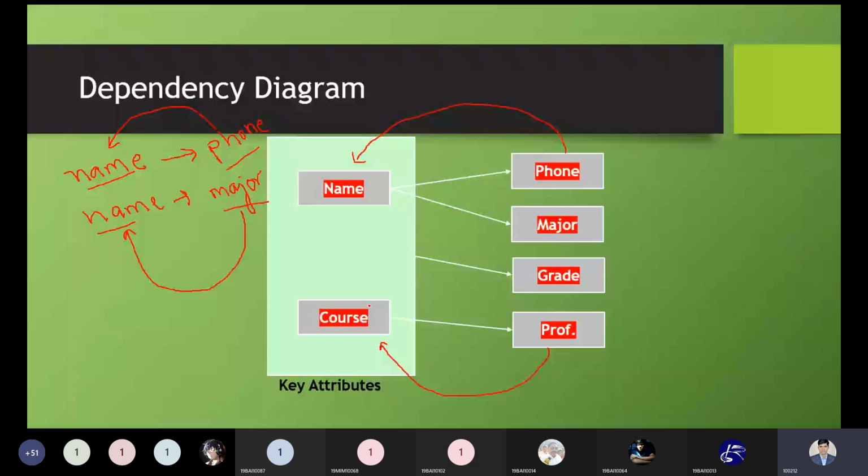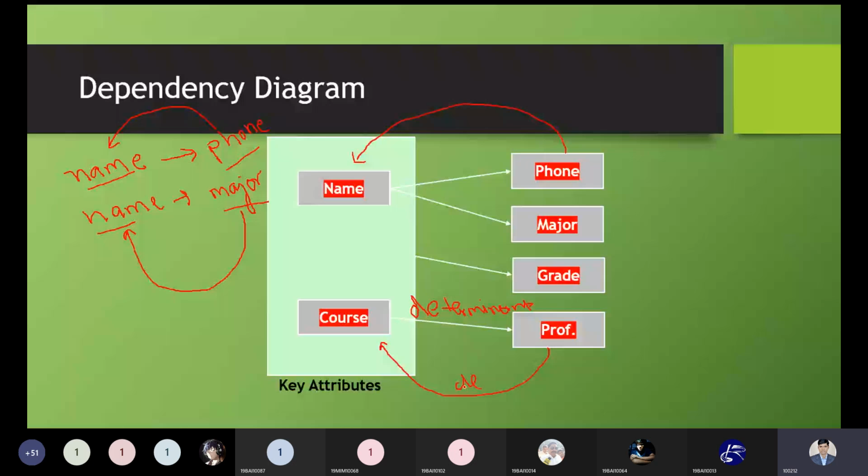So if we read this statement from left to right, this is known as the determinant: course is determinant to professor. If you are reading from right to left, this is known as the professor depends on the course. So the arrow is known as the dependent.